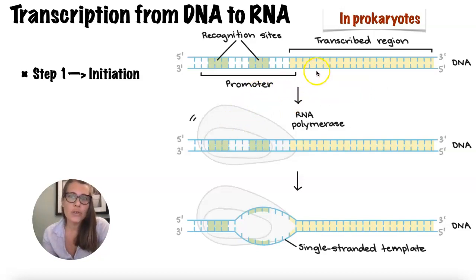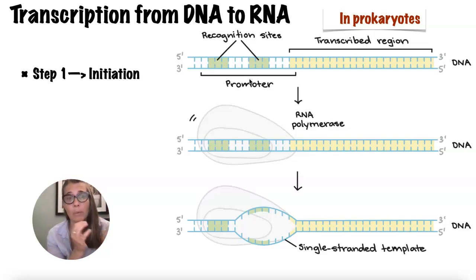We don't want to transcribe genes constantly if we don't need that protein. So the promoter is important because you can activate it with a series of actions and feedback that can happen at the molecular level in the cell. You can activate or wake up that promoter.